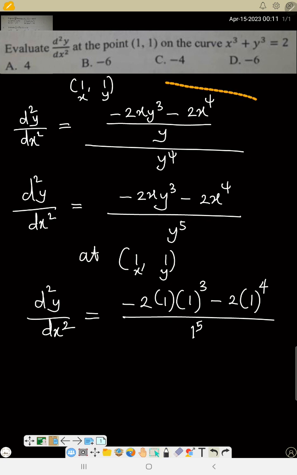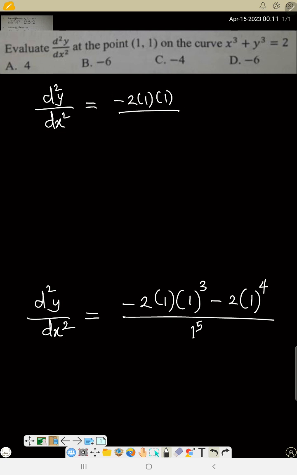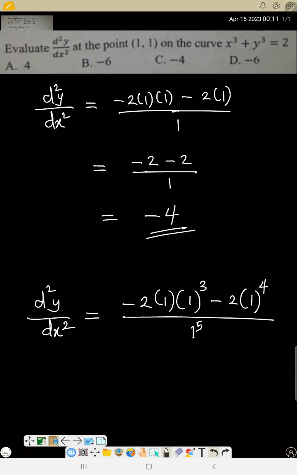So this is minus 2(1)(1) minus 2(1), everything over 1. So this is minus 2 minus 2 over 1, so this is minus 4. So the correct answer is C, minus 4.